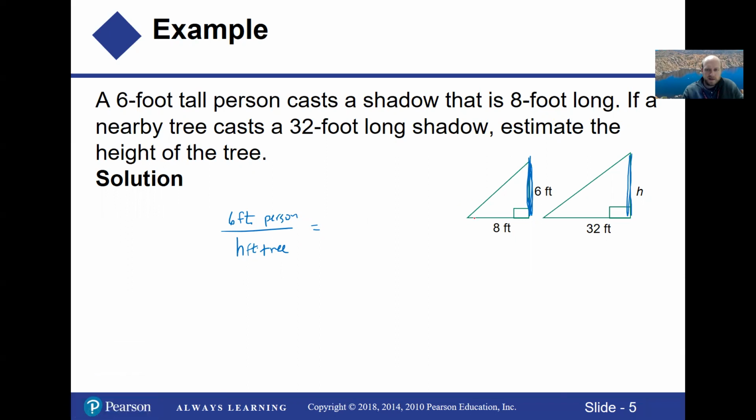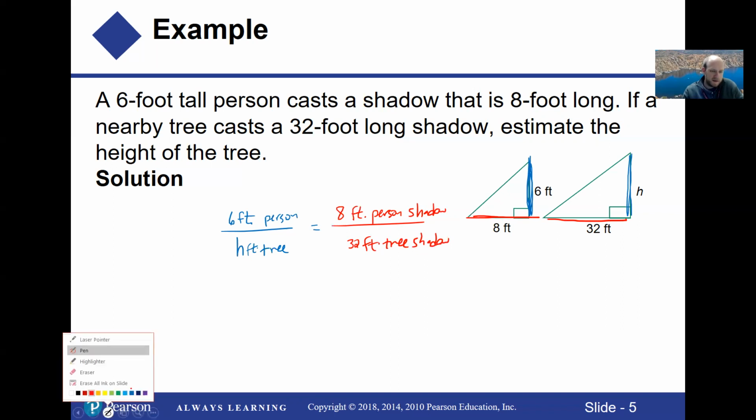We have the 8-foot shadow and then the 32-foot shadow. So the person shadow, 8-foot, over a 32-foot tree shadow. And that would be one way that you could set it up.